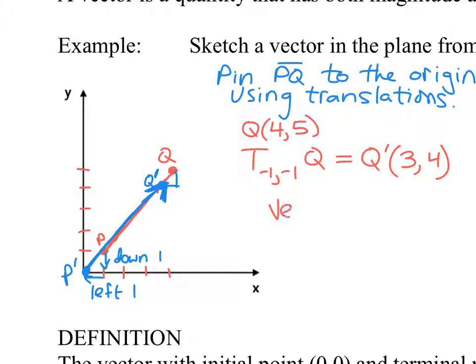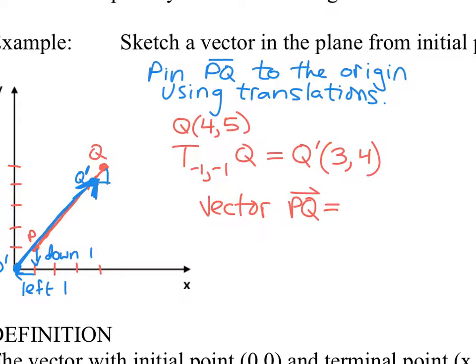So vector PQ, which we denote with a little arrow over it, is represented just by the endpoint of that vector, which would be (3, 4).